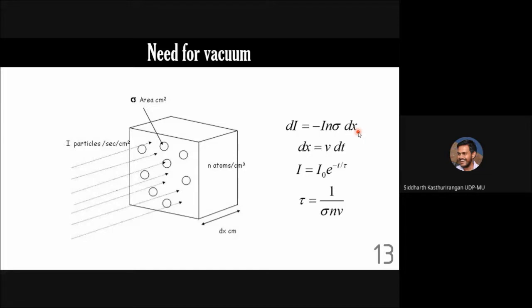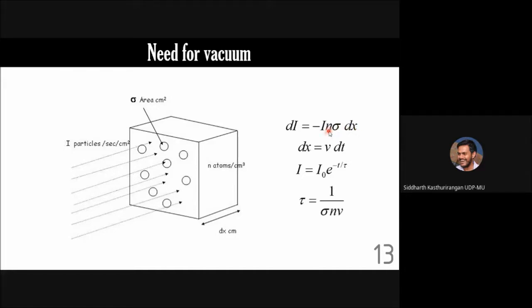And you have a density of n atoms per centimeter cube of the target atoms, which are here, the big circles. The projectiles which are coming, the beam particles, are not actually shown, just the arrows. So as this beam passes through this region, the number of beam particles which get obscured will be dI equal to minus I n sigma times dx.